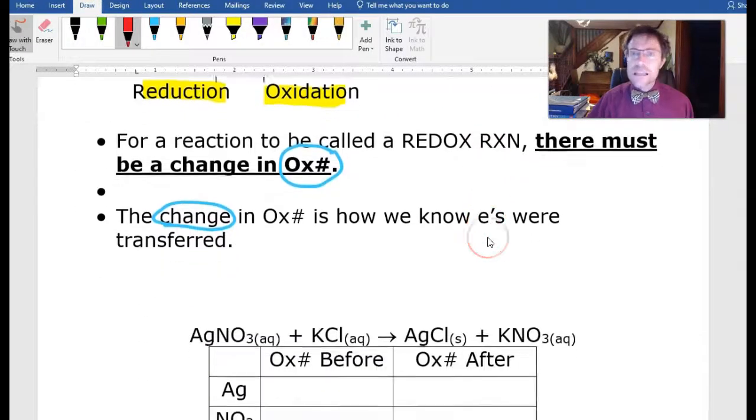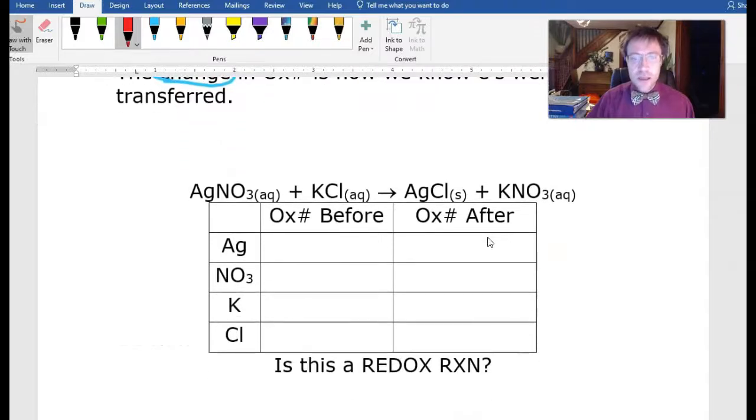Let's have a couple of examples. Is this a redox reaction? I'm going to look at all the oxidation numbers, both at the beginning and the end, and compare to see if there are any changes. You see how this is an NO3 here? It is a polyatomic ion.